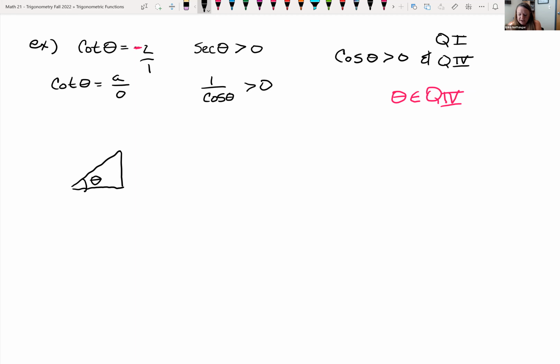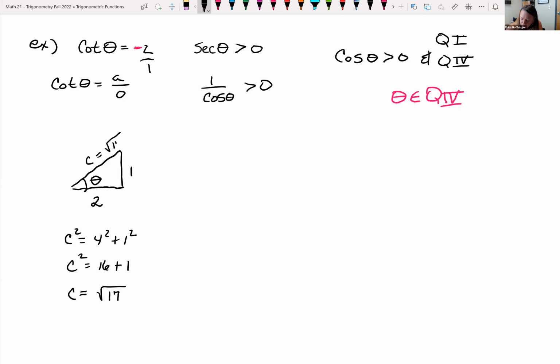I'm going to ignore my signs. So the adjacent side would be 2. Opposite side is 1. So I need to figure out what my hypotenuse is. Let's just call it C. So we know C squared equals 2 squared plus 1 squared. So C squared is equal to 4 plus 1, so C is equal to the square root of 5.